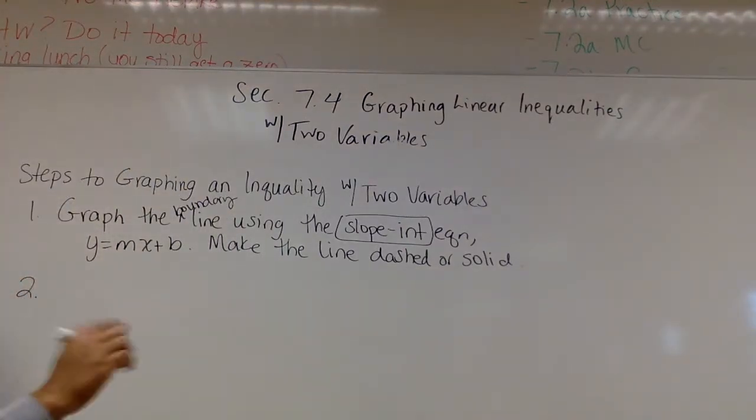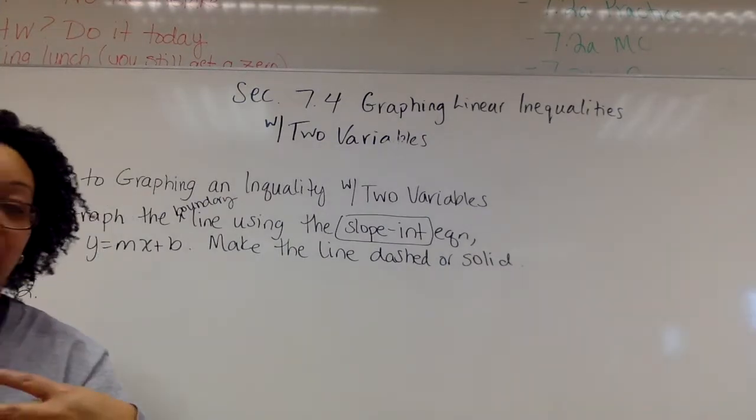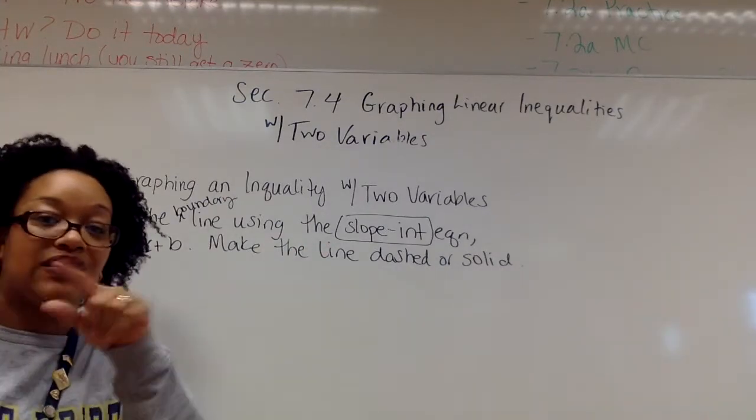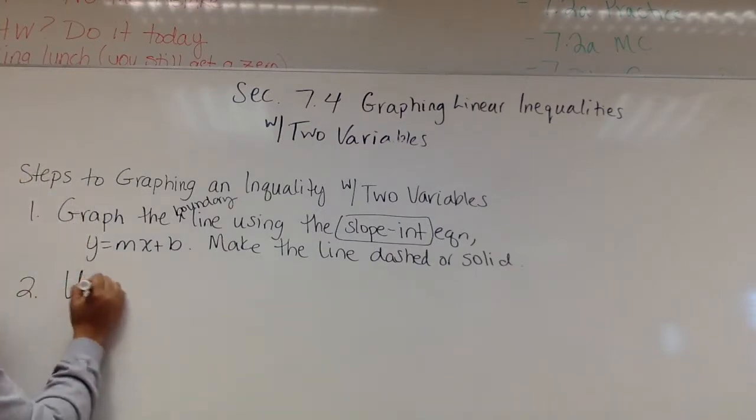Step 2. Remember how I said that the line, the boundary line, tells you what side has the solutions and what side doesn't? Well, you've got to figure out which side it's going to be. And we do that by using a test point.